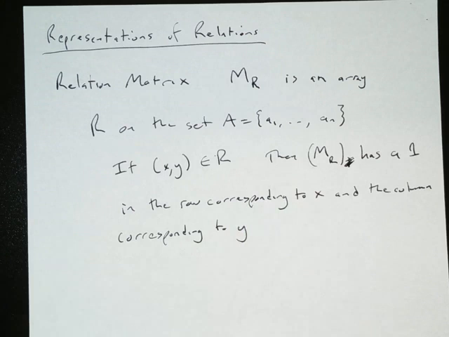So the array in question defines the rows by the element of our domain and the columns by the element of our range. So if we had a relation from one set to another, this would still work.